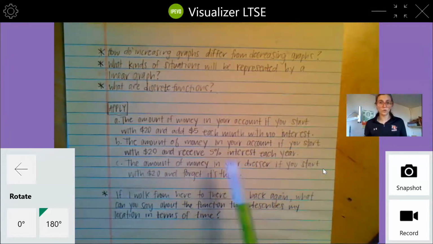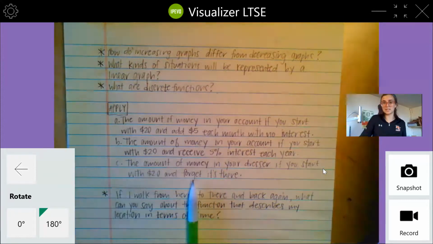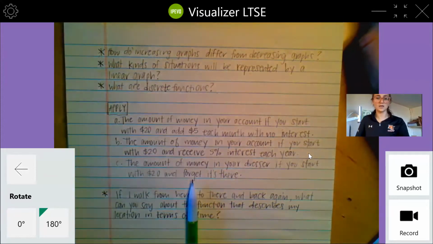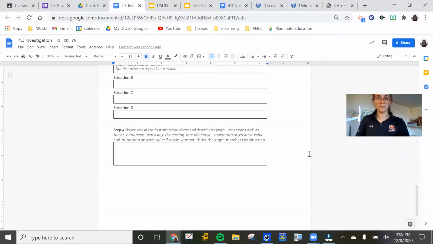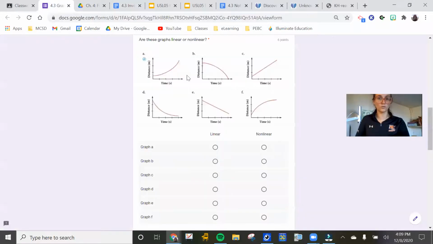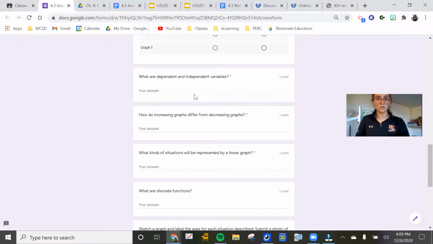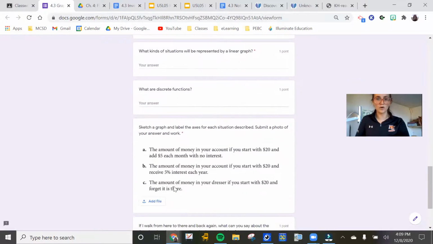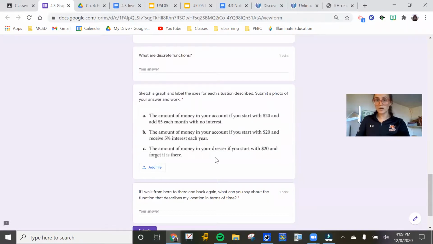Okay, so now you have these 3 questions. These are all in the Google form, the Check for Understanding Google form. So I just went over these questions. Make sure you answer those. For this question, what I want you to do is read through these different situations and try your best to create a graph on your own.